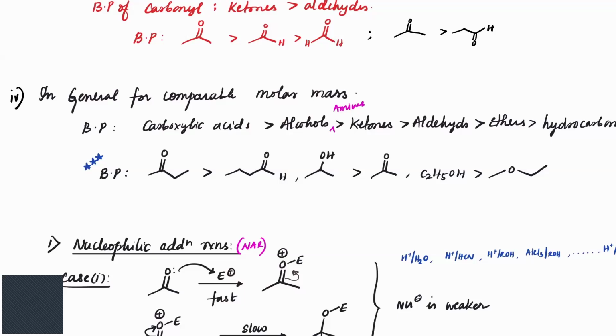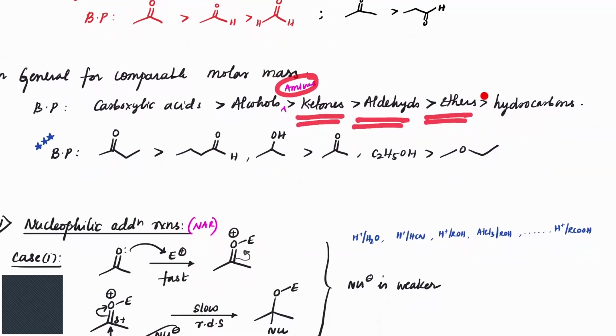And then we have alcohols, again due to hydrogen bonding. Then we have amines due to hydrogen bonding. Then come ketones, aldehydes, ethers, and then alkyl halides, and then come hydrocarbons.